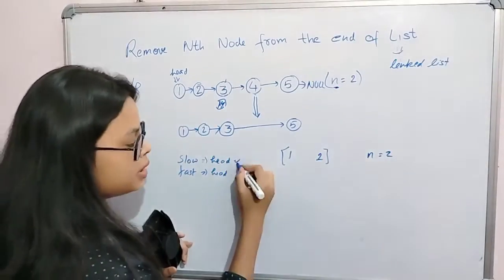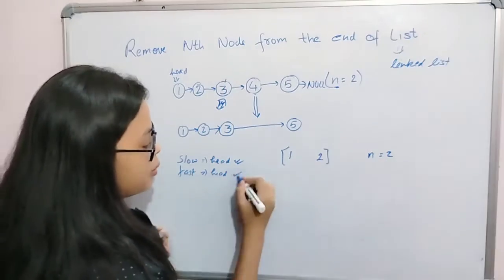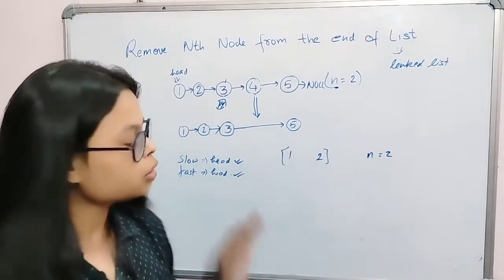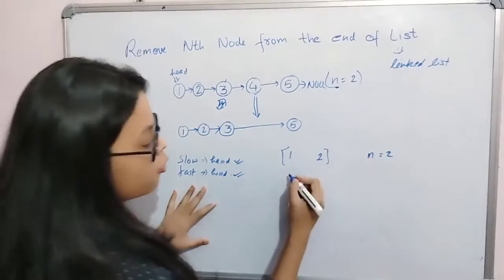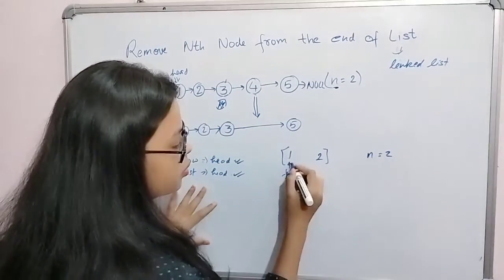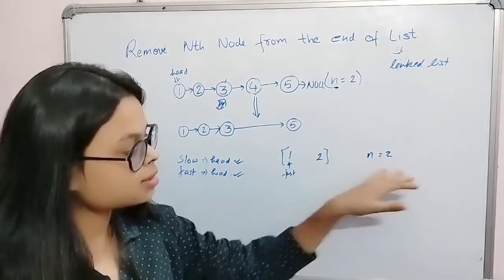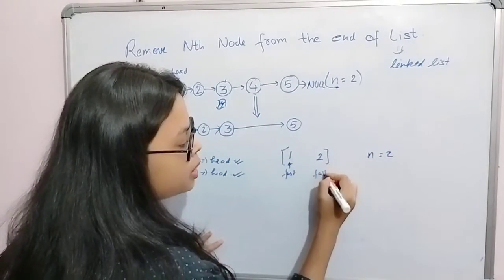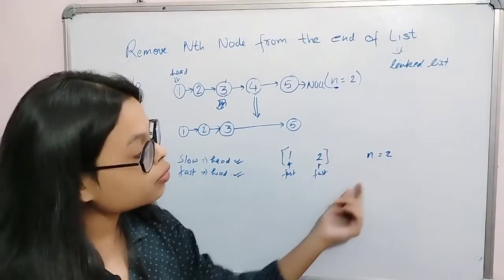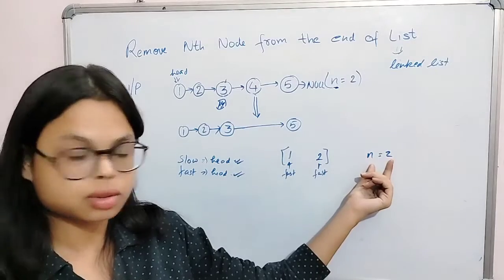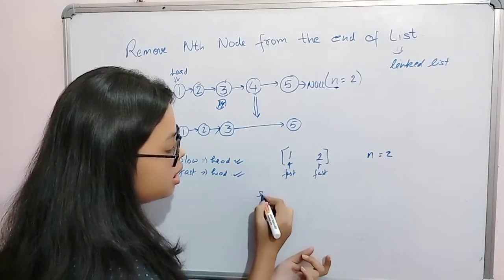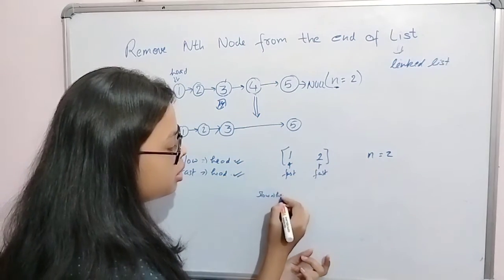Our slow will be initialized to head, and our fast will be initialized to head. In the first iteration, fast will be here. Second iteration, fast will be here. And now we got n equals to 2, and our slow is also here.